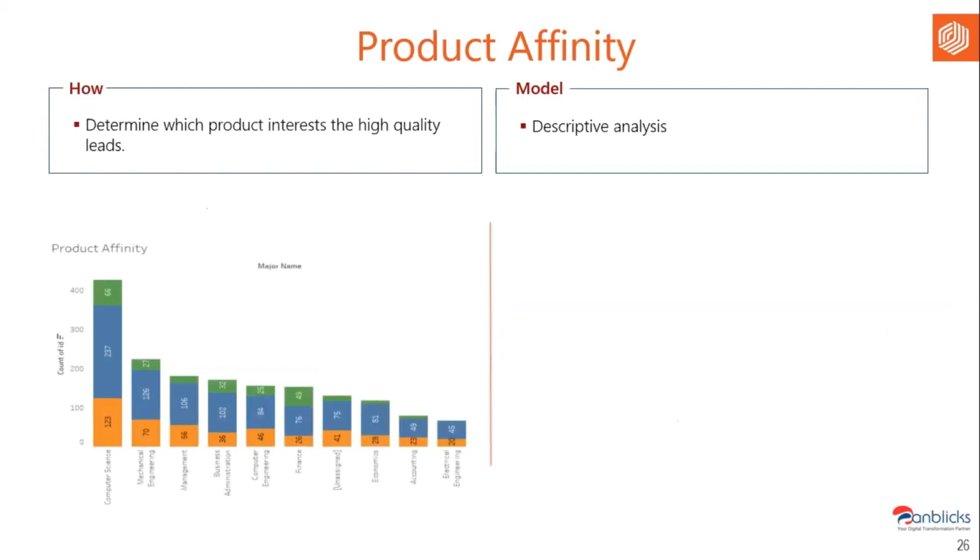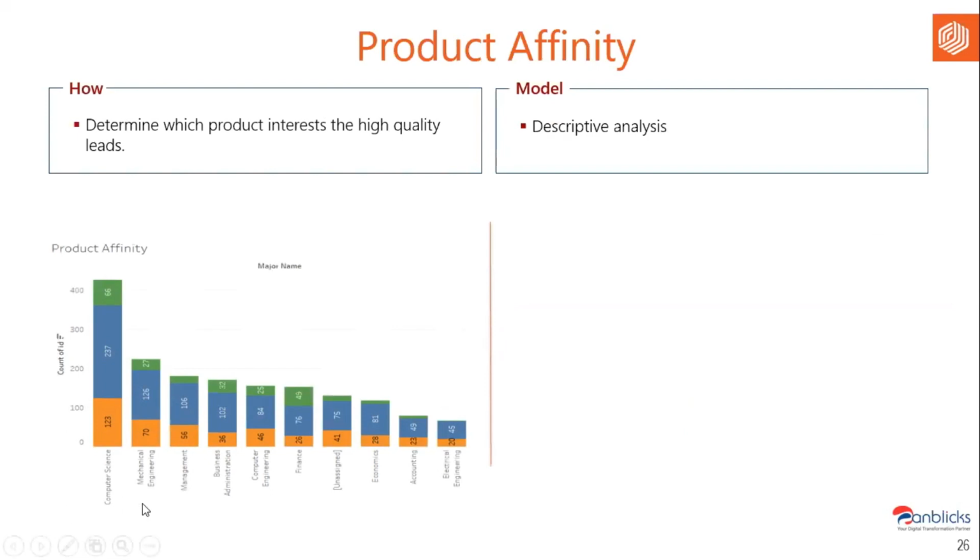And once the agent understands how to prioritize their leads, they also wanted to understand what kind of products should be offered to these leads to ensure conversion. In order to do that, we have used descriptive statistics to understand what kind of profiles have affinity to what kind of product, and we have created this correlation table in Tableau.